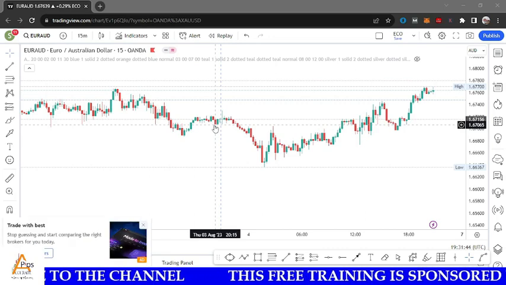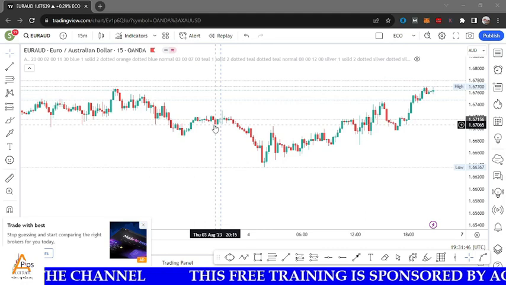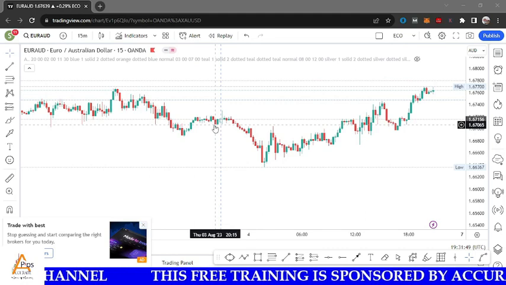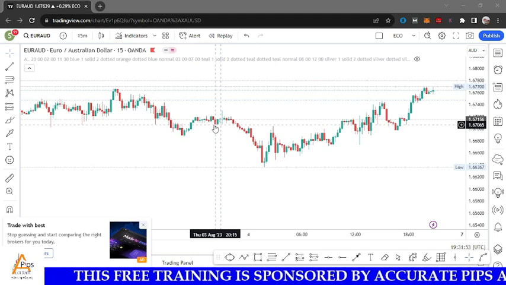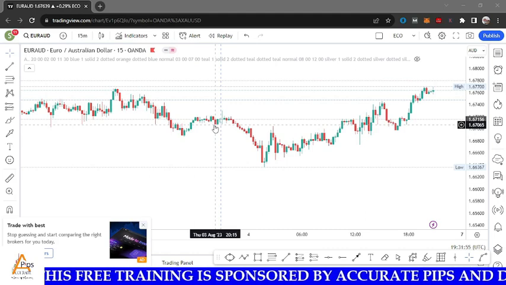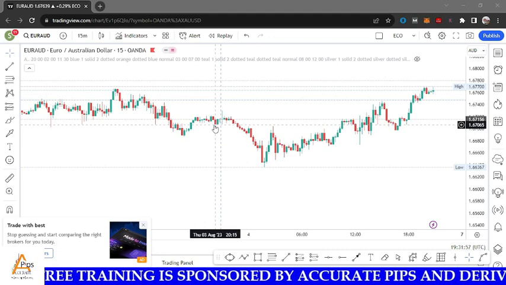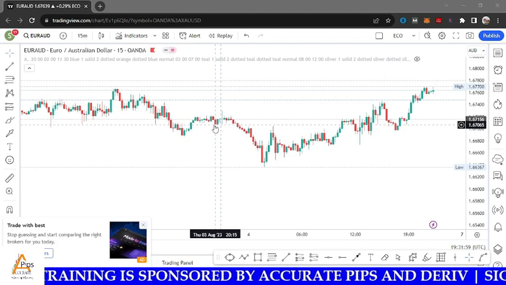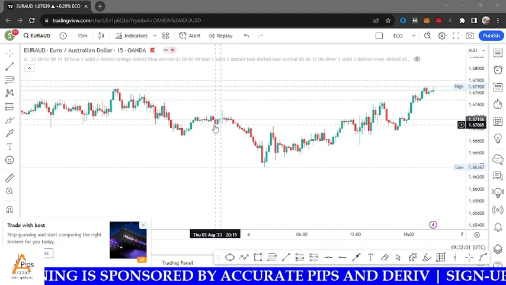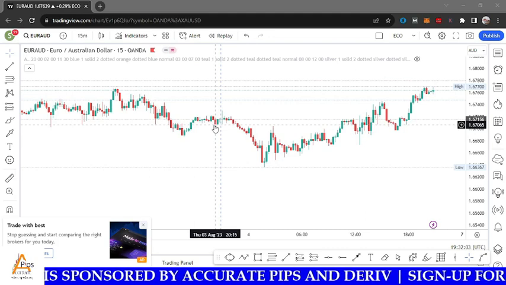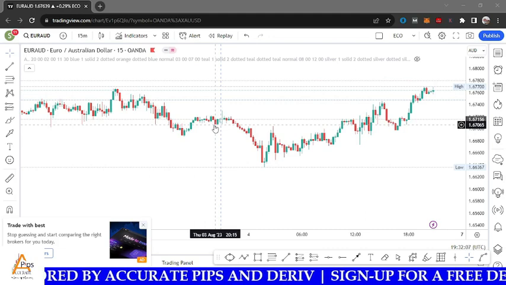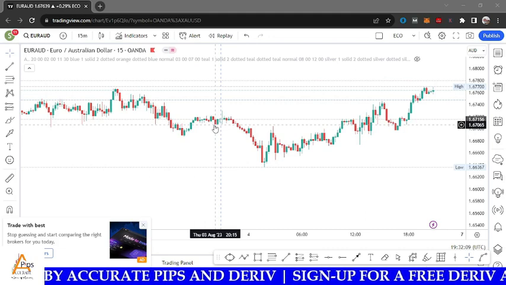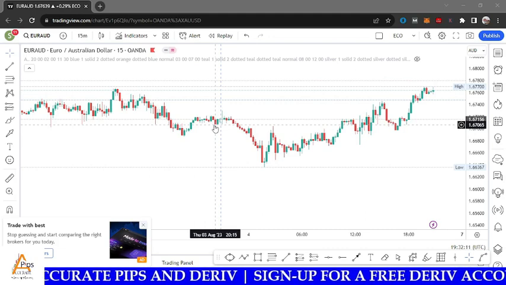In this case we will be looking for the candle that took out the previous low or high and closed above the low or below the high, to confirm that the market is looking for a reversal or looking for a continuation.